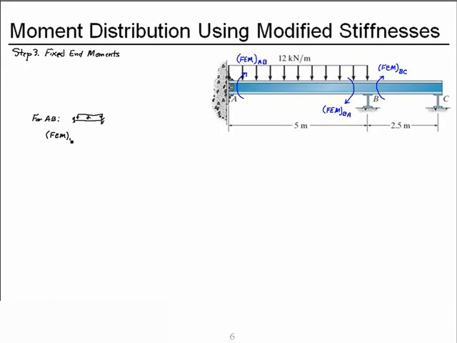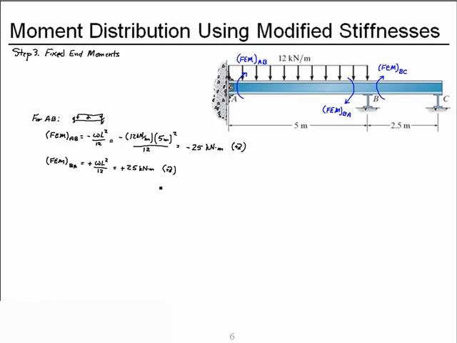So the fixed end moment AB is a minus omega L squared over 12, which is a minus 12 kilonewtons per meter times its length squared over 12, which is a minus 25 kilonewton meters, where we had considered positive to be clockwise. And the fixed end moment at the other end is a positive omega L squared over 12, which therefore is positive 25 kilonewton meters.